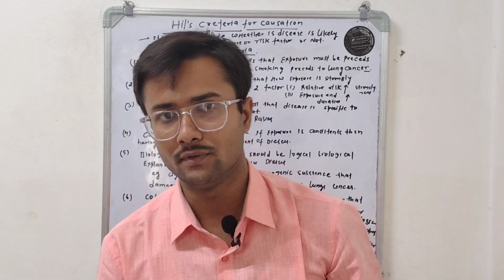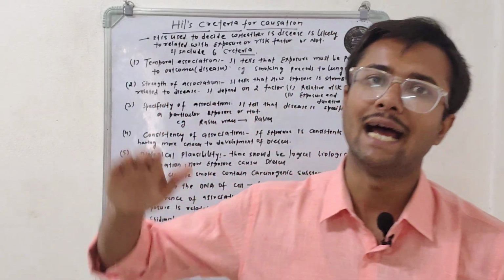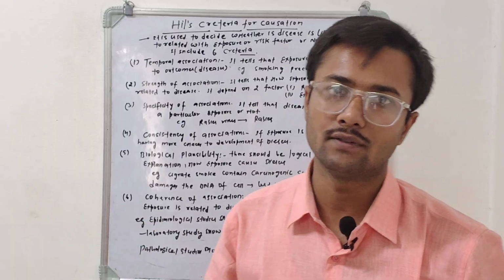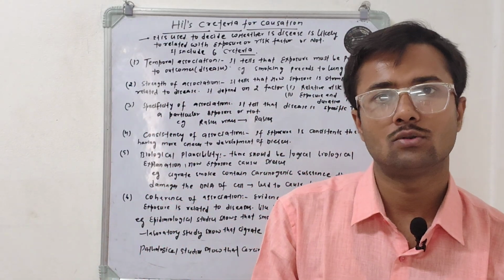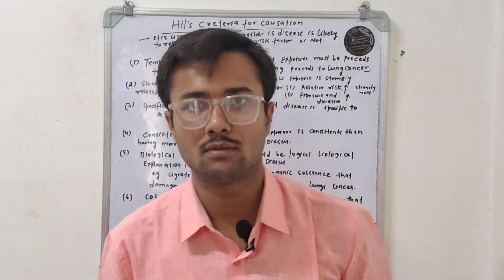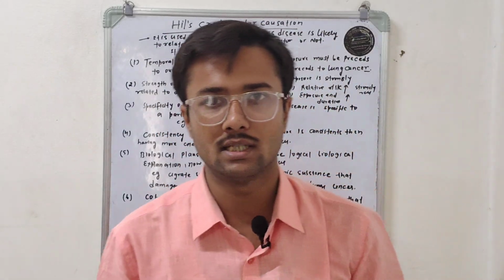So if we increase the dose or the duration of exposure, that increases the incidence of disease. It again tells that the disease is strongly related to the exposure. So this is all about the strength of association.